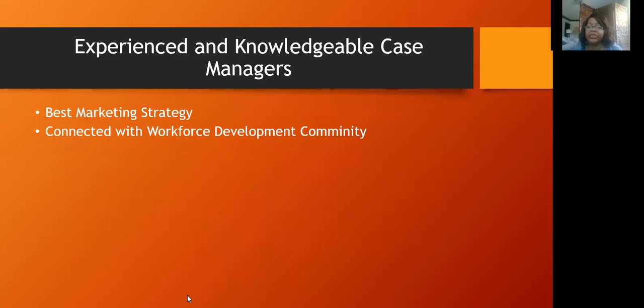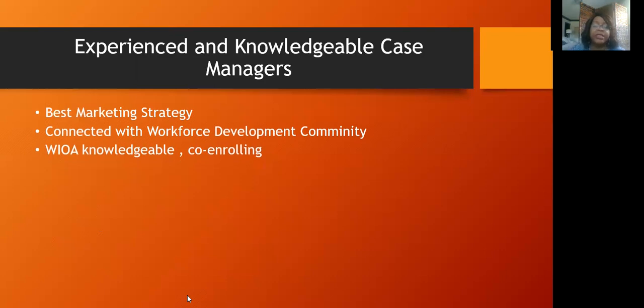You want to make sure that they are connected to the many workshops that are available. So you certainly want to embrace the concept of additional knowledge for your case manager. That's all a part of what you do in terms of providing comprehensive services.